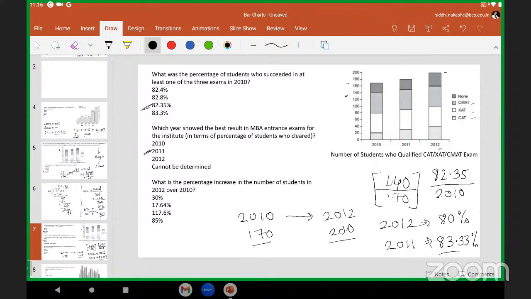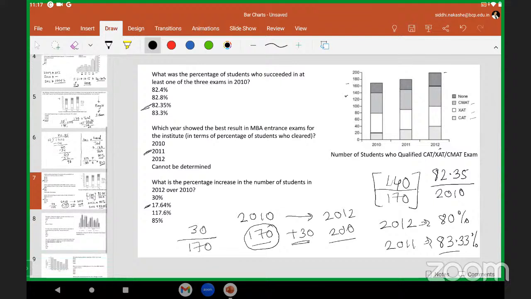The increase here is 30. Any increase will always be calculated over its initial value. So that means 30 divided by 170. You can solve this and you will get an answer around 17.64.